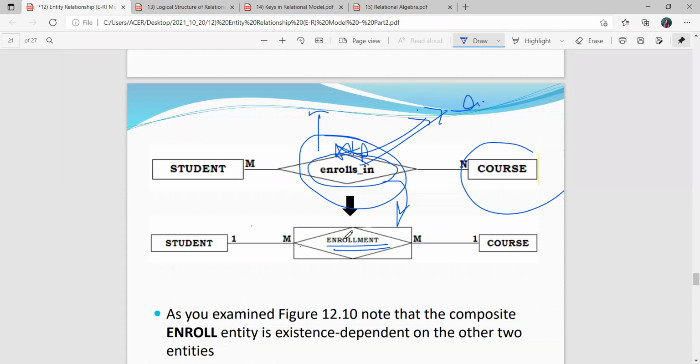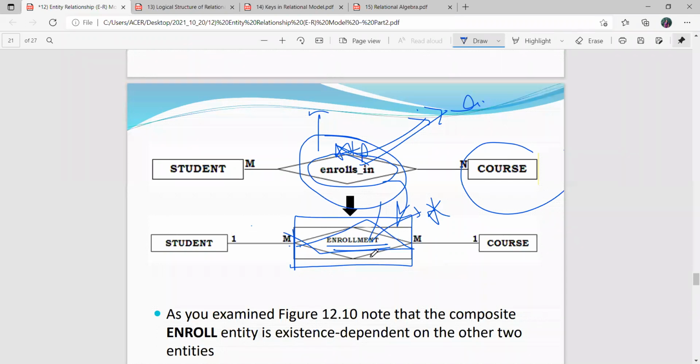You can represent this one as a rectangle, sorry, as a diamond shape within a rectangle. So at one time, this is a verb, that means a relationship. Another time, this is an entity.